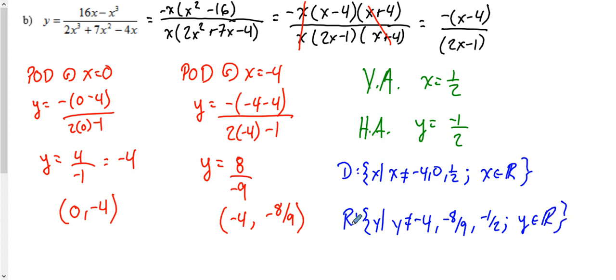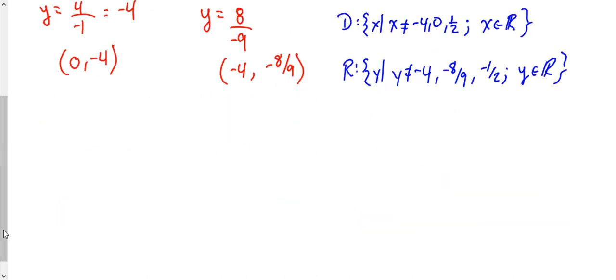We do want to finish off this question here. We're going to try to find the x and y intercept, and we'll do that at the bottom. So x-intercept, and that of course is when y equals 0. So I'm going to start off my equation with 0 equals negative x minus 4, all of that still divided by the 2x minus 1.